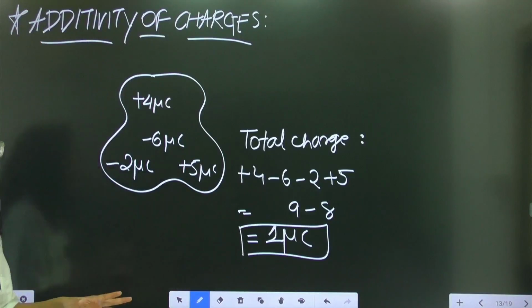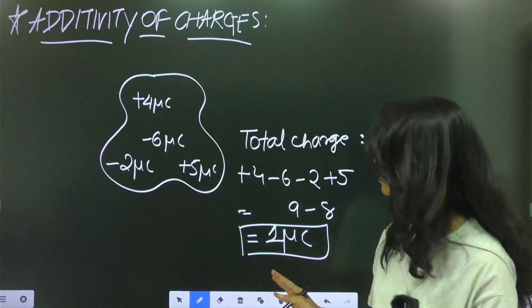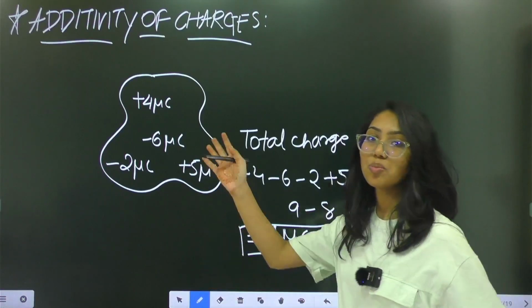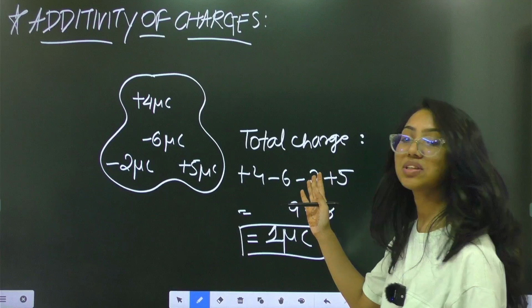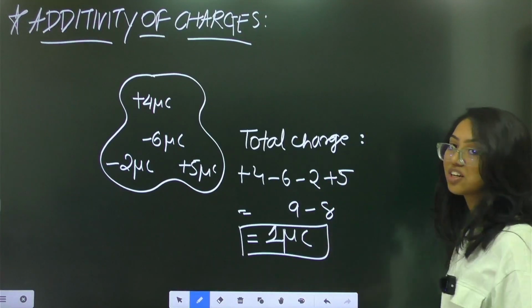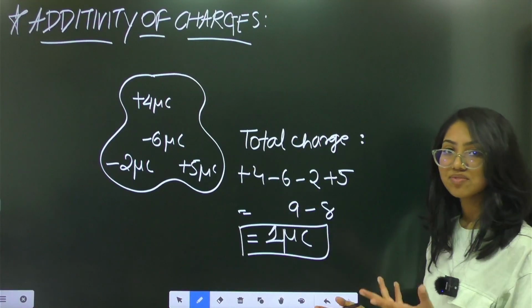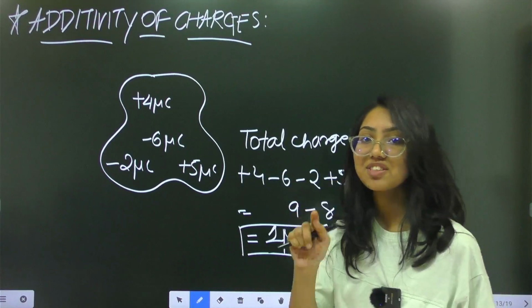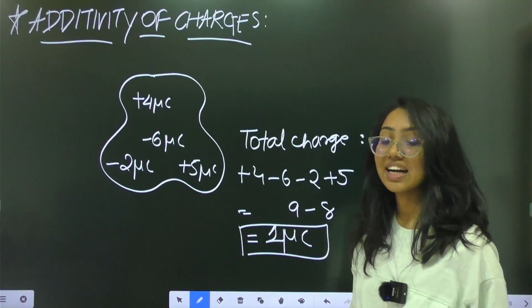So when the total charge is asked, when there is an object with many different kinds of charges distributed in it, we have to find the total charge. You just have to add all the charges with their respective signs. So this is additivity of charges.